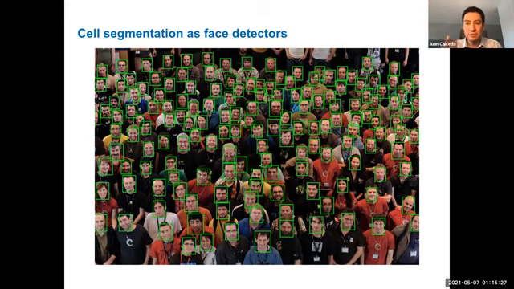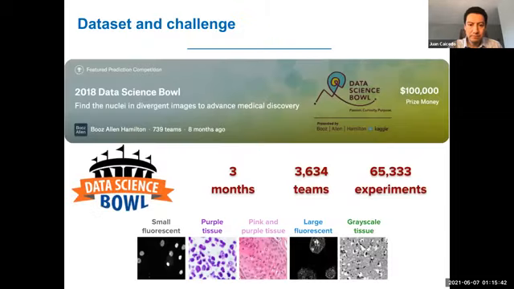So those models are trained in order to detect faces in a variety of conditions, including crowds or indoors, outdoors, and so on and so forth. And they work well. So why don't we have something like that in biology as well?